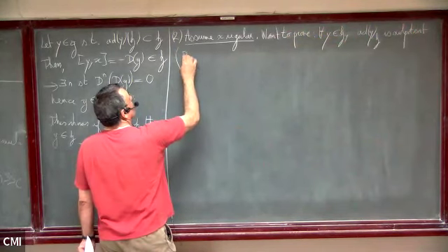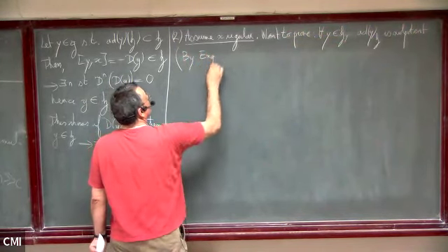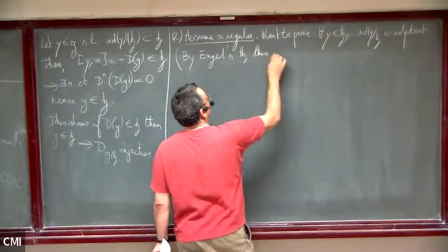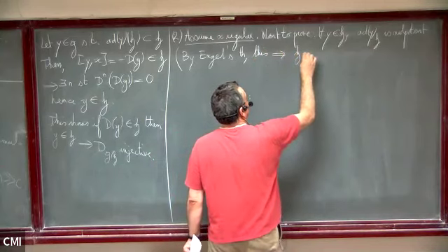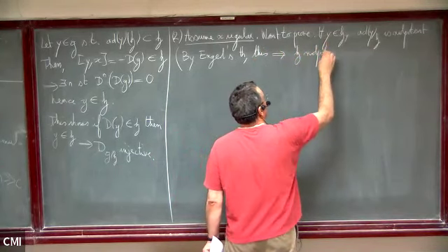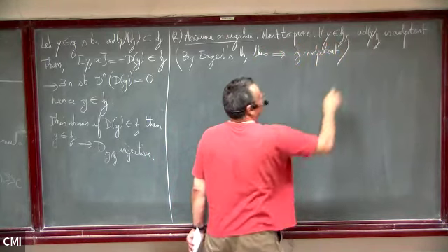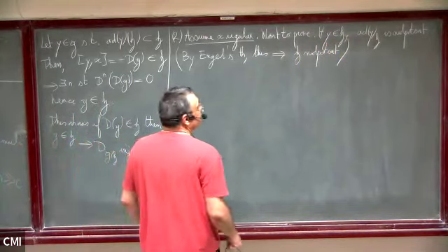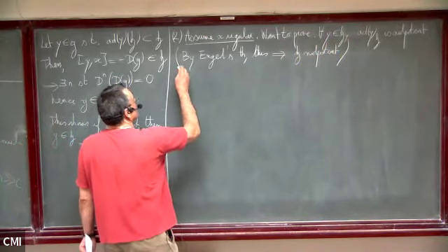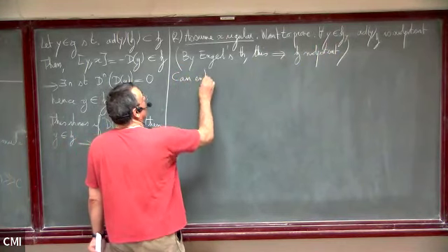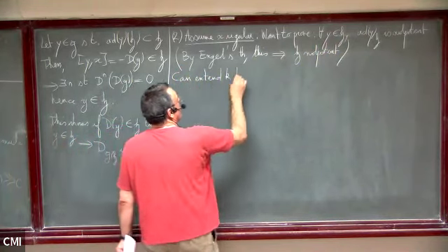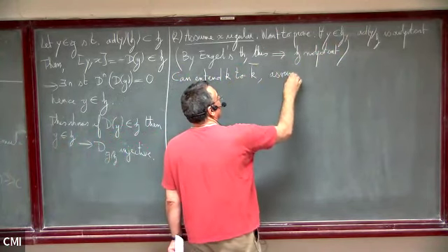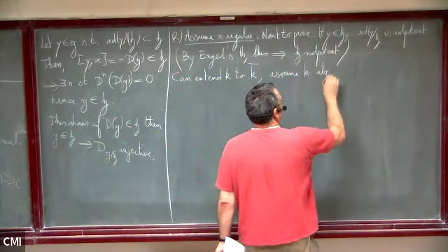Because by Engel's theorem, H is nilpotent. And it suffices to check that all these derivations are nilpotent. And so we can extend K to its algebraic closure. And so we can assume K is algebraically closed.